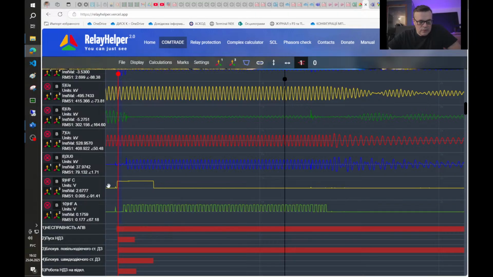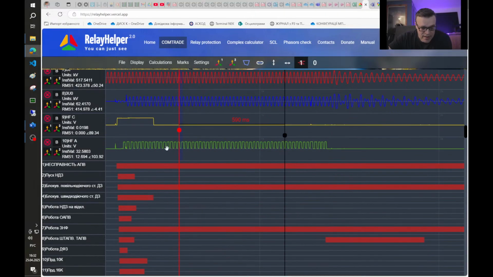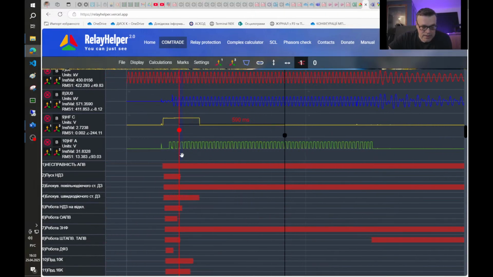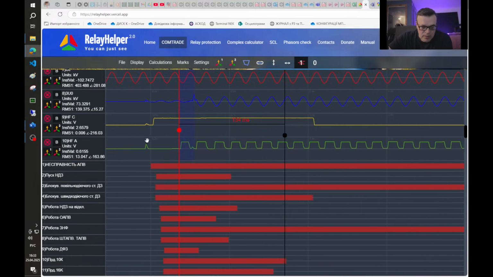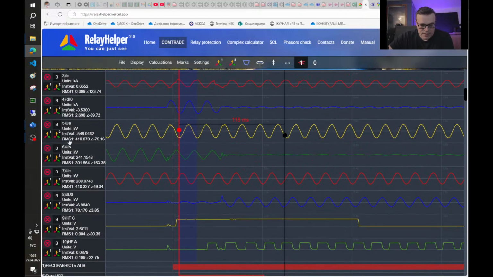So this is a signal from the adjacent line, and this is a blocking signal. And this signal is from the protection that protected this line with the short circuit, and in the beginning we can see some spikes, but here is a digital signal that shows that at that time we already had a trip.